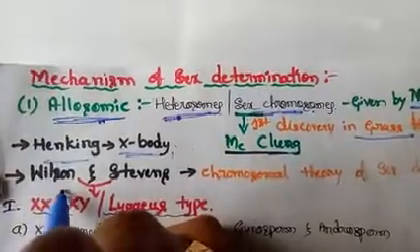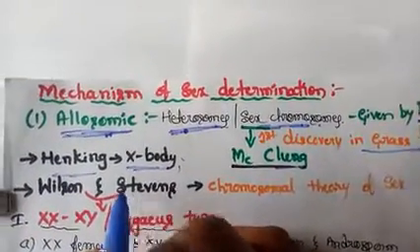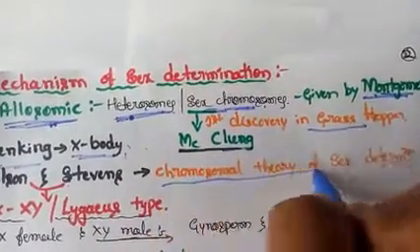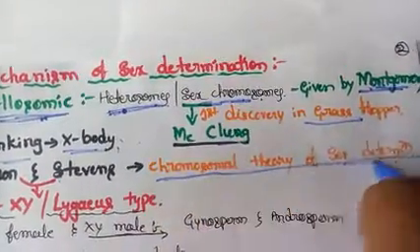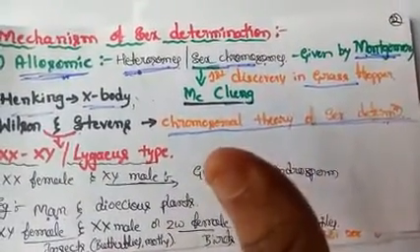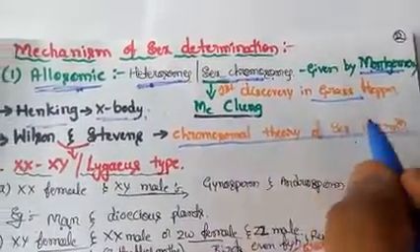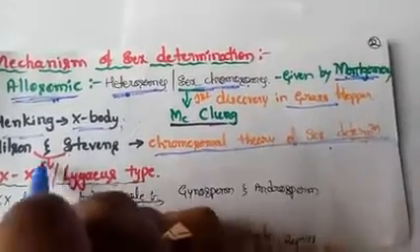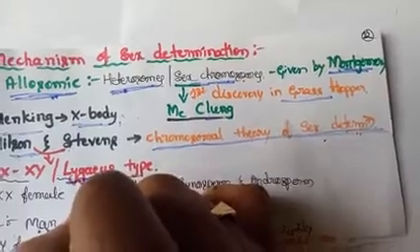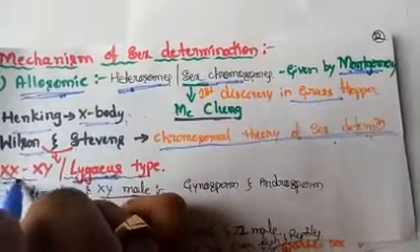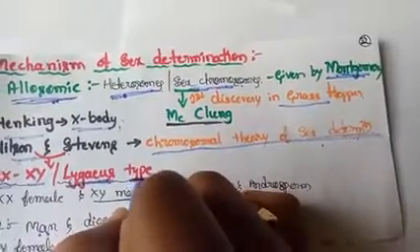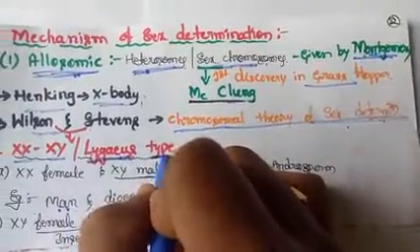Wilson and Stevens did the experiments and gave the chromosomal theory of sex determination. It is not the chromosomal theory of sex inheritance; it is the chromosomal theory of sex determination. They took an insect called Lygaeus, which showed the XX-XY type of sex determination, hence called the Lygaeus type of sex determination.